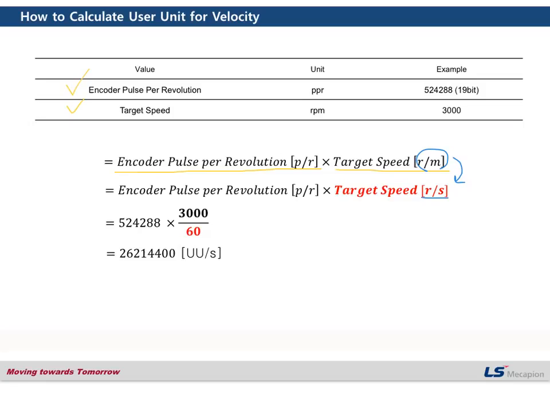We need to divide 3000 by 60, so we can get this value. The unit is user unit per second, and that means the velocity for the L7NH drive, the output for the input.